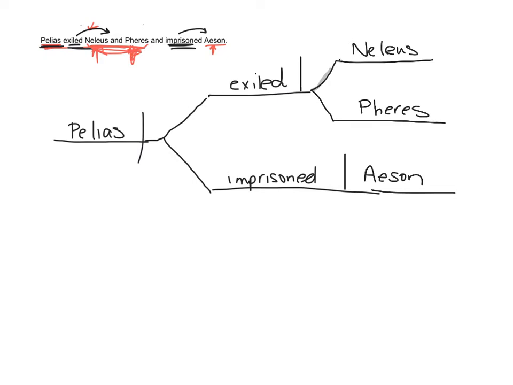So these two are most directly related to exile, because they got exiled. Aeson is most directly related to imprisoned. So there's the main idea. So what do I have on there? I have Peleus, exiled, Neleus, Phris, imprisoned, Aeson.